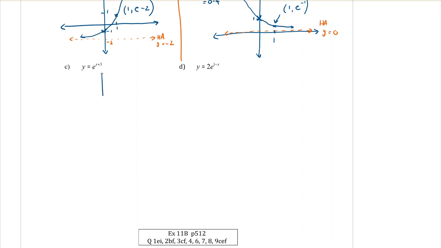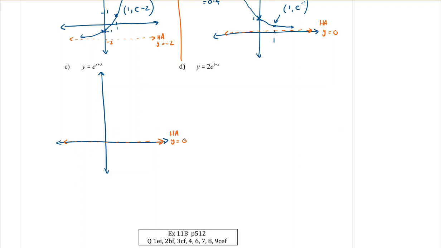So let's draw our Cartesian plane. My asymptote has not been moved. I haven't got anything added on the bottom there or subtracted. So it's still sitting here at horizontal asymptote of y equals 0.